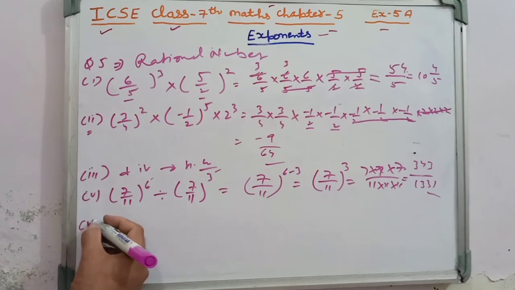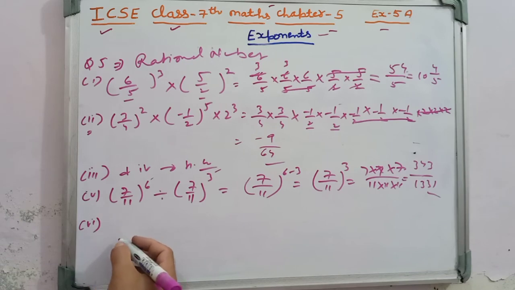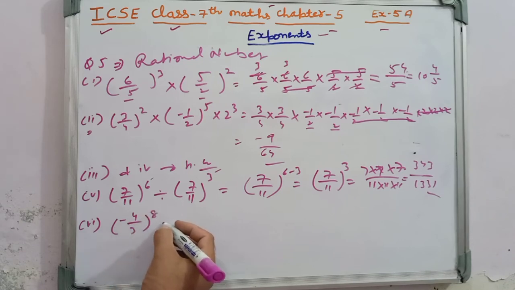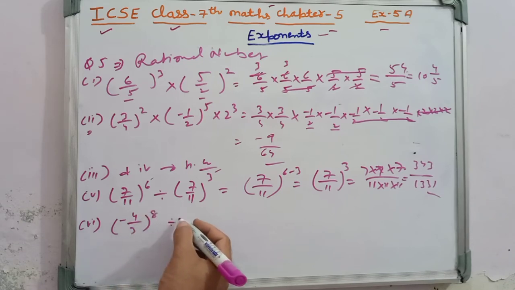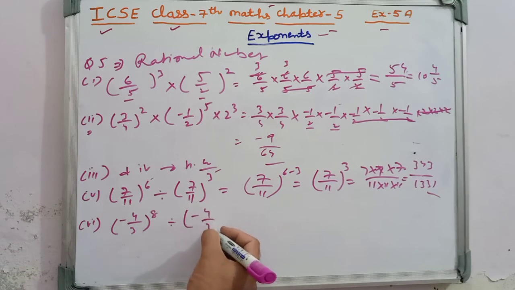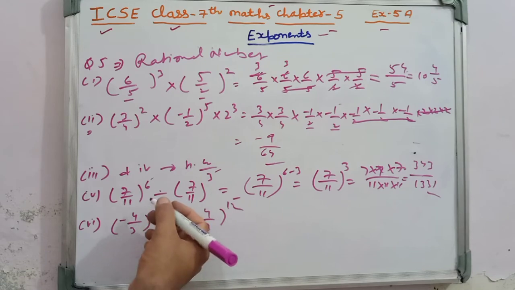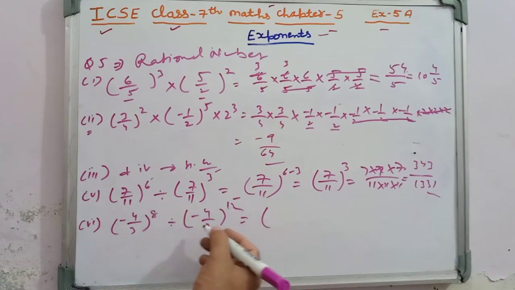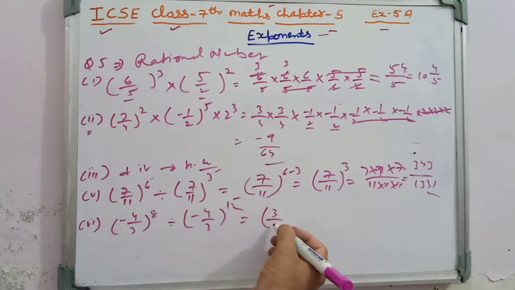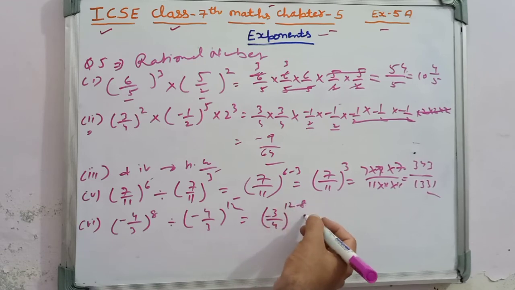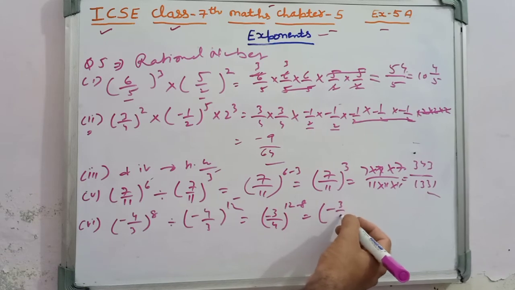Now sixth is much similar. It would be difficult for you, so I am getting it done. Here 12. Now this has become bigger, this is smaller, no need to panic. Make reciprocal of this, minus 3 upon 4, 12 minus 8. So this will become minus 3 upon 4 raised to 4.